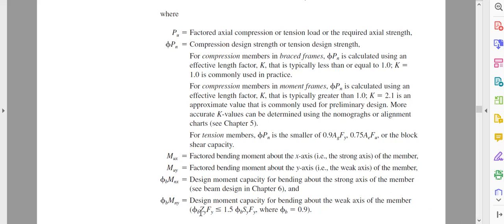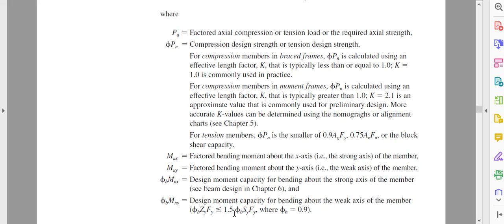Moment capacity about the y-axis. What is this? It is phi Zy Fy. Now Zy can be found in the AISC manual chapter 1, or 1.5 phi b Sy Fy. Sy means section modulus, Fy means yield stress. Now 1.5, this value changed in the recent revision, it is 1.6. Now this kind of coefficient you should not memorize, it always changes with time. Whenever a new revision comes, this value changes.